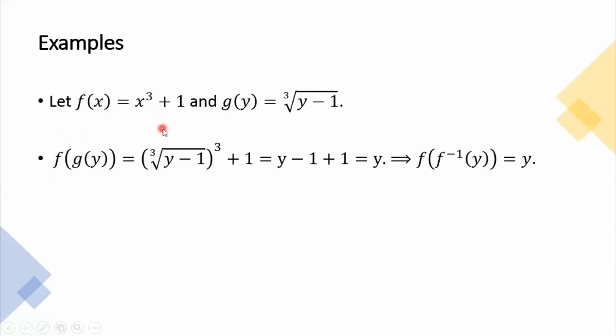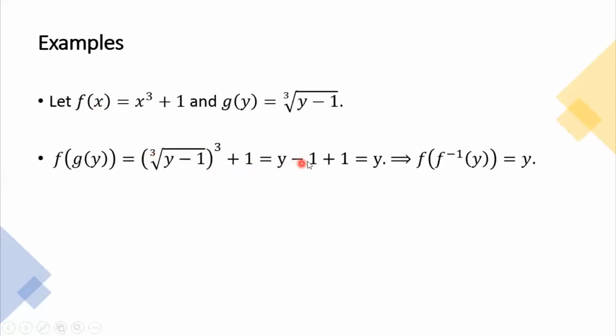Since our f is x cubed plus 1, then we input our g of y. Our g of y is cube root of y minus 1. You input that one to the variable x in our f. So this becomes cube root of y minus 1 raised to 3 plus 1. Now, cube root of y minus 1 raised to 3, so this will be cancelled out.